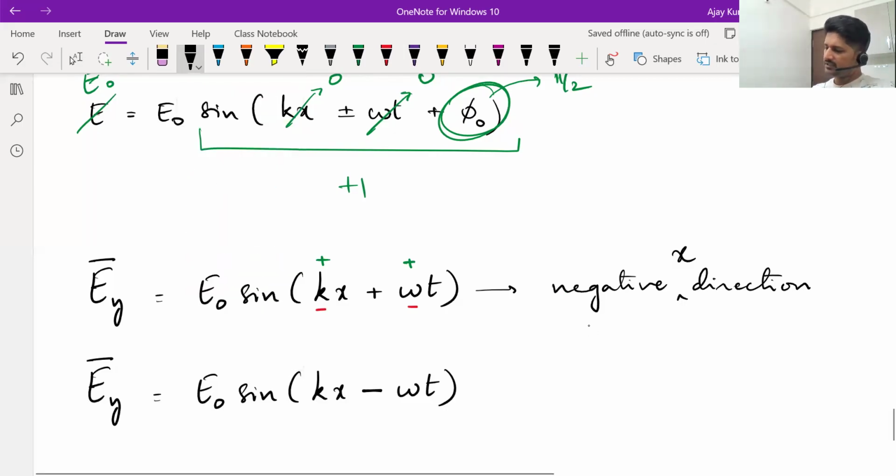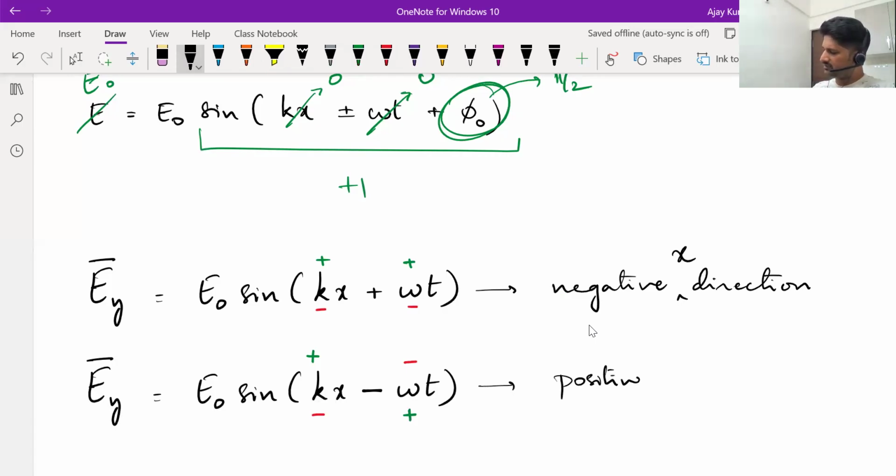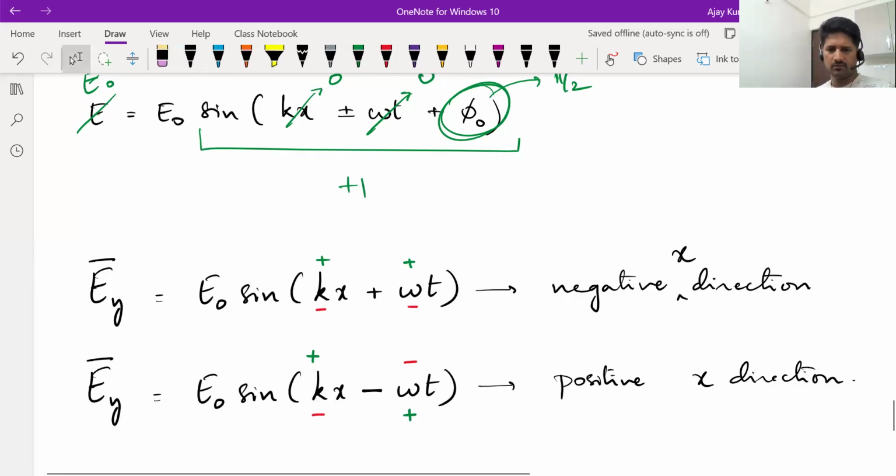And if the coefficients of position and time have opposite signs, one positive and one negative, or one negative and the other positive, then the wave is traveling in the positive direction along that respective axis. So here it will be the positive x direction. Now why is it so? Again, mathematics. Just a moment, I'll show you a small example.